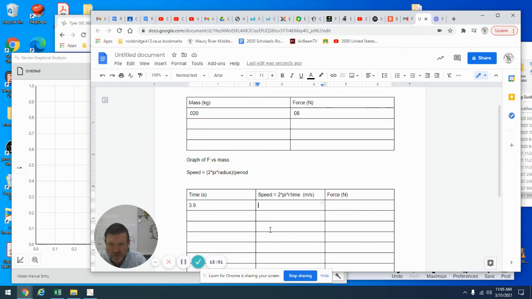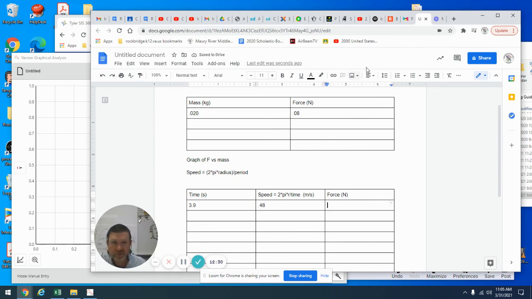Please make sure you convert your centimeters to meters, divided by the time, which is 3.9. Right next to it. So the 2 pi times 0.3, that part's going to be the same every time because we're not changing the radius. So that's what I'm doing right there. And that gives me a speed of 0.48.